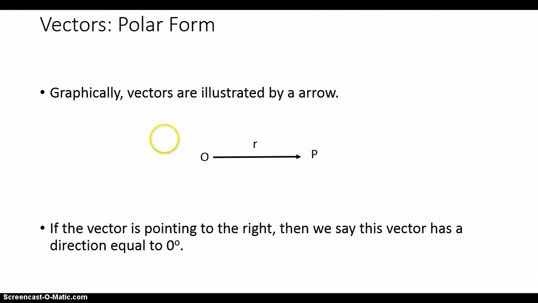So it's related to the magnitude. That length R is in scale with the actual magnitude of the quantity that you're measuring.